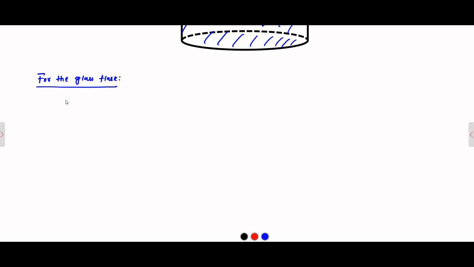The initial volume of the glass flask is 200 centimeter cube. Then the initial temperature is 20 degrees Celsius. The final temperature is how much? 100 degrees Celsius.